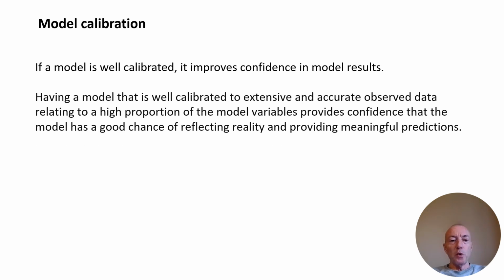Now, if a model is well calibrated, it improves confidence in model results. Having a model that is well calibrated to extensive and accurate observed data relating to a high proportion of the model variables provides confidence that the model has a good chance of reflecting reality and providing meaningful predictions.